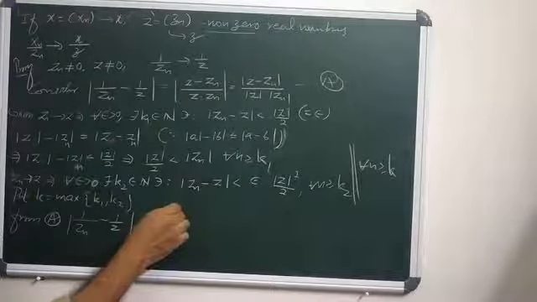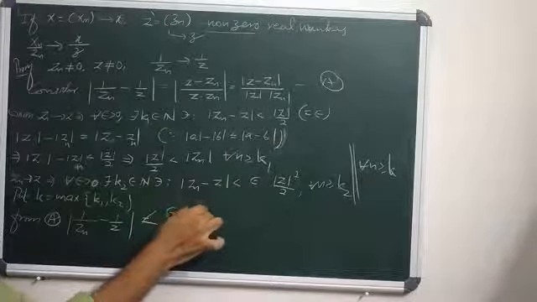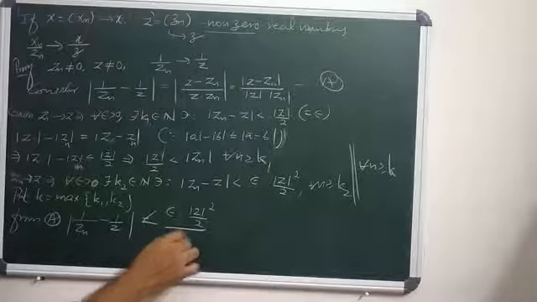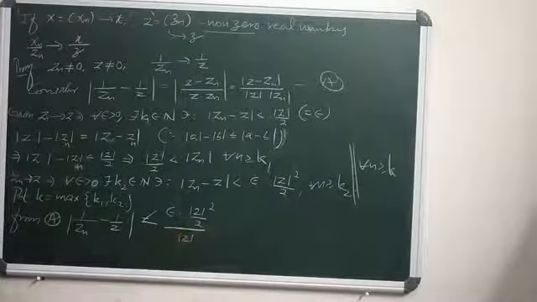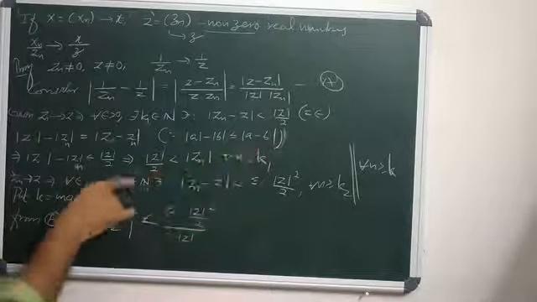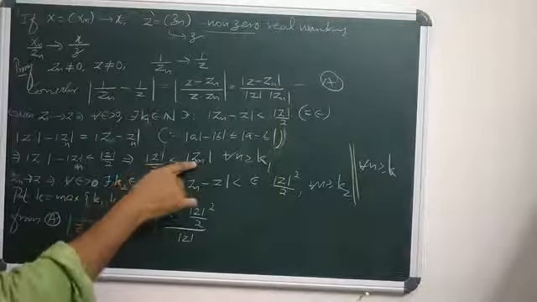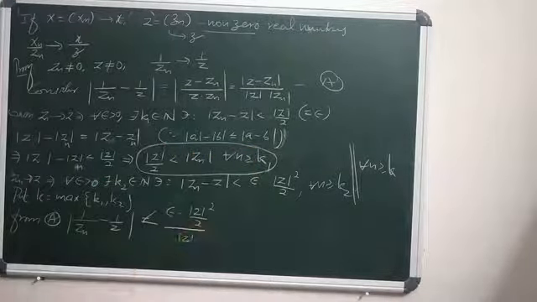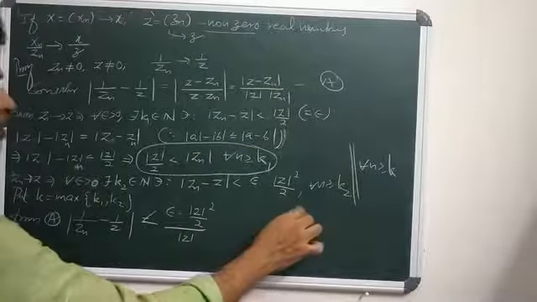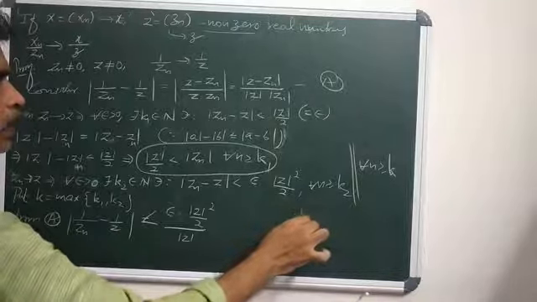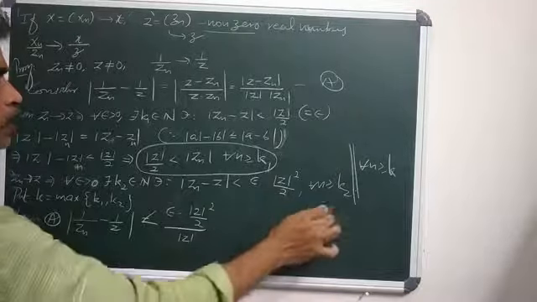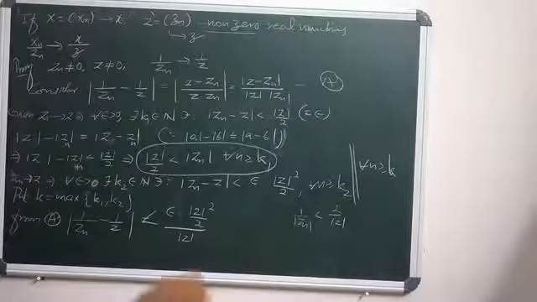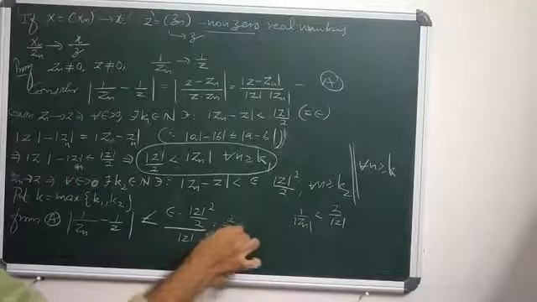It is strictly less than epsilon into mod z square by 2, divided by mod z into mod zn. Here mod z by 2 is less than mod zn, which means 1 by mod zn is less than 2 by mod z.